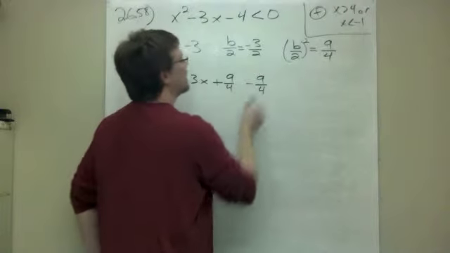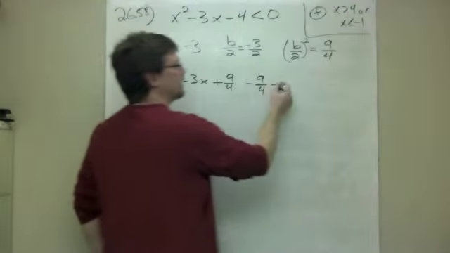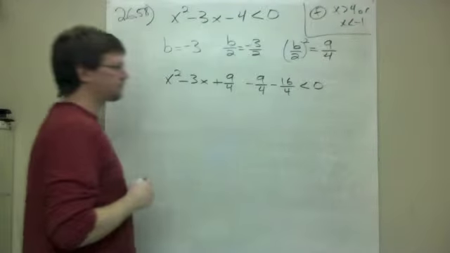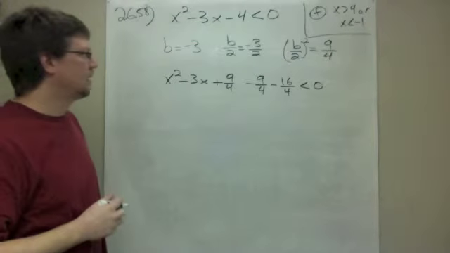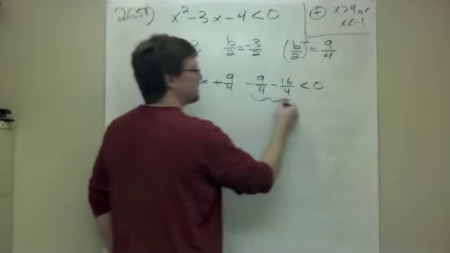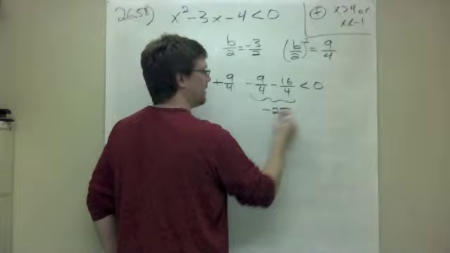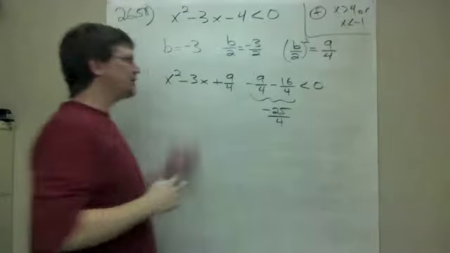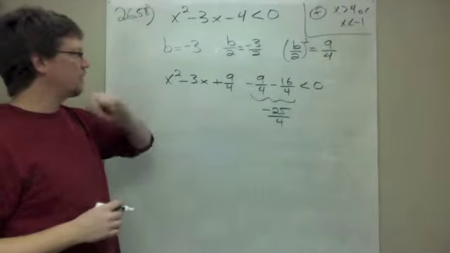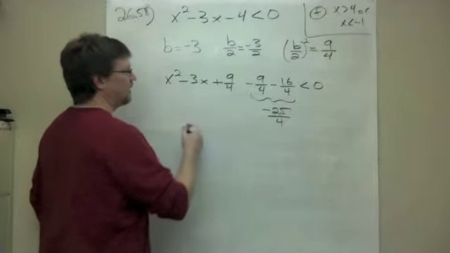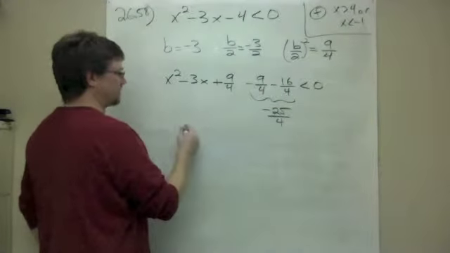Minus 9 fourths, and 4 is minus 16 fourths, is less than 0. This combines: 9 plus 16 is 25, so this is minus 25 fourths. If I add 25 fourths to both sides, I will remove it from this side and get 25 fourths on the other side.